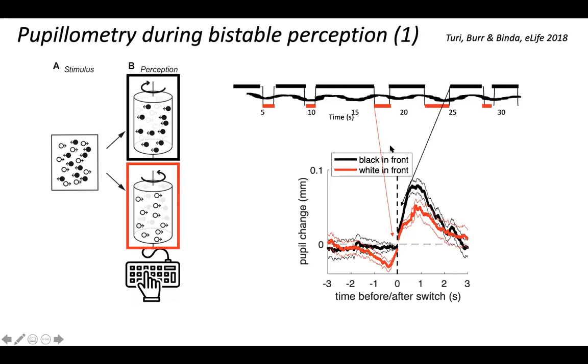And we recoded these into judgments of white dots in front or black dots in front by simply recording the responses. These are the average traces across all our participants, and we clearly see a pupil modulation that depends on the perceptual phases that participants were experiencing.